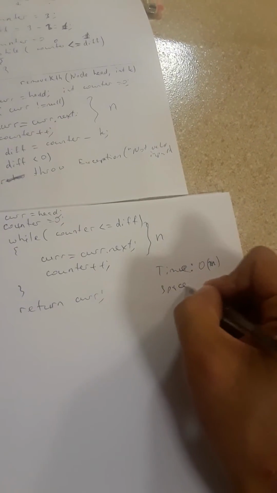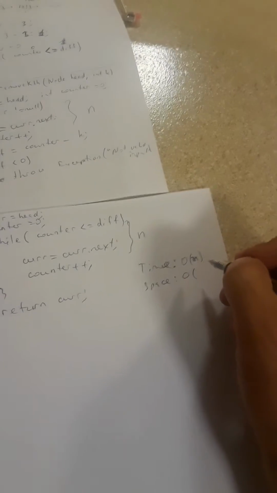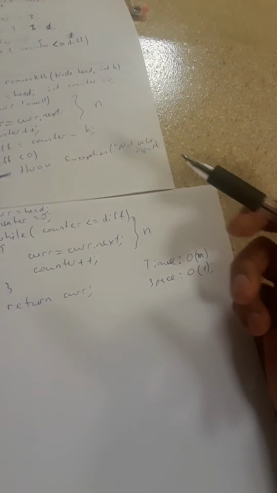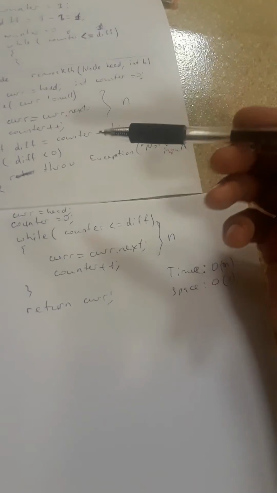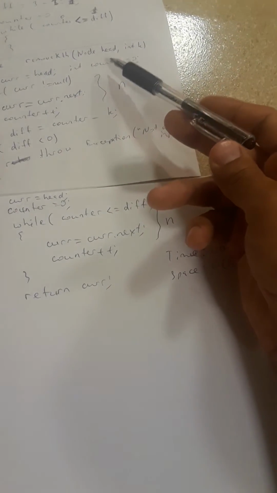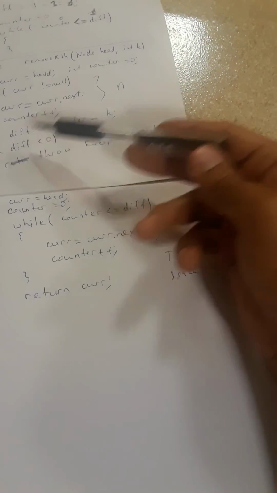And space complexity is order of constant, because we're just initializing one node and two variables. So that's it.